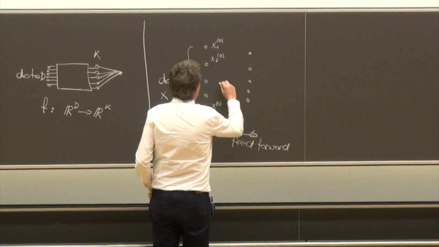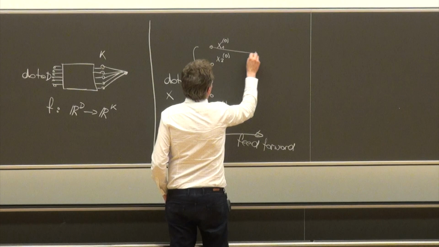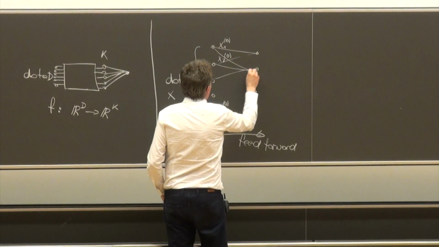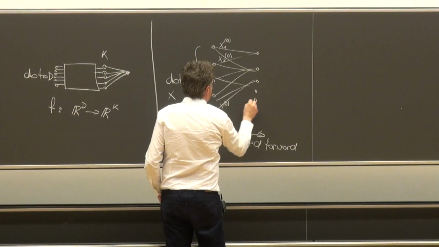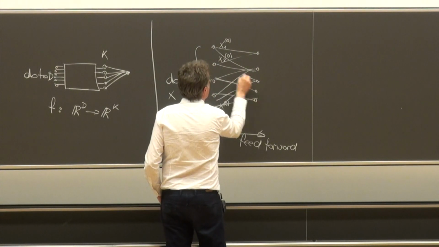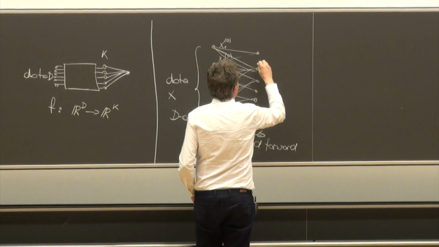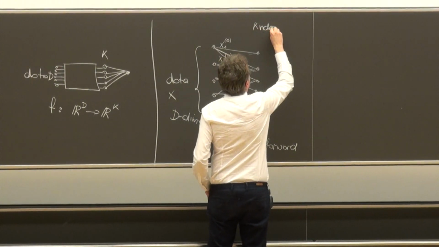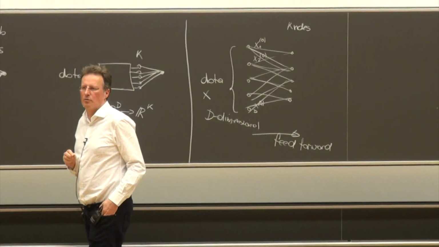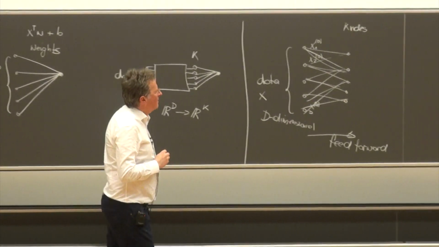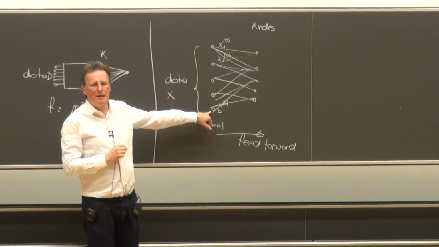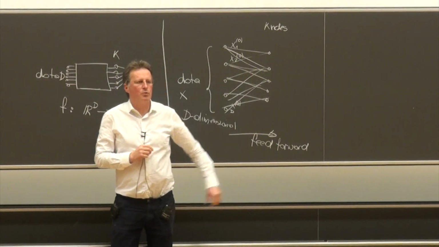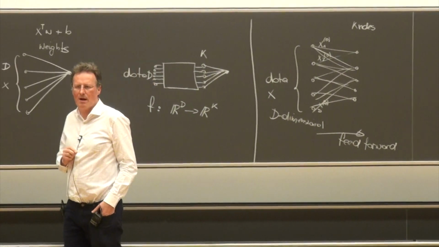And so how do I do it? Well, what I do is I connect this thing. So think of just a complete bipartite graph here. So here I will have k nodes, which doesn't necessarily have to be the same as the d, could be bigger, could be smaller. And so I'll connect every single input node here to every single output node here, so a complete bipartite graph.